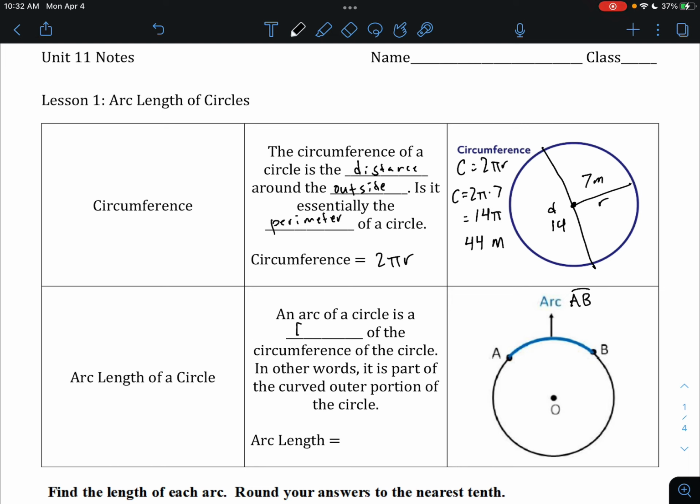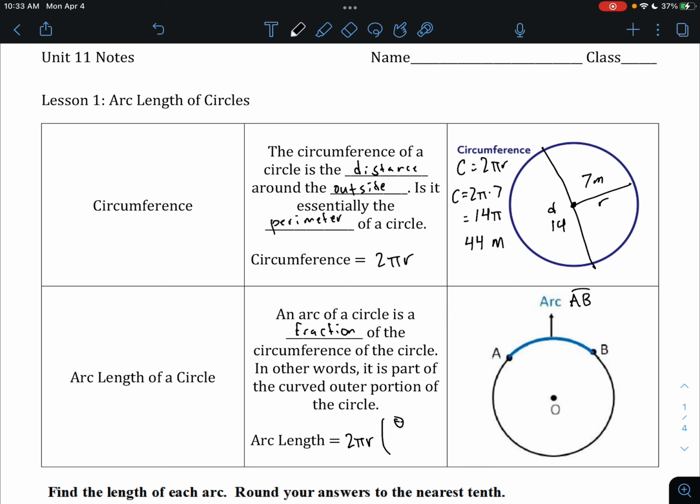So, for instance, if our arc was halfway around the circle, say it started here and went all the way around, or halfway around, our arc would be half of the circumference. So we take our circumference, 2 pi r, and we multiply it by that fraction, whatever that fraction is. And the way we find that fraction is by plugging in the angle measure that it gives us.